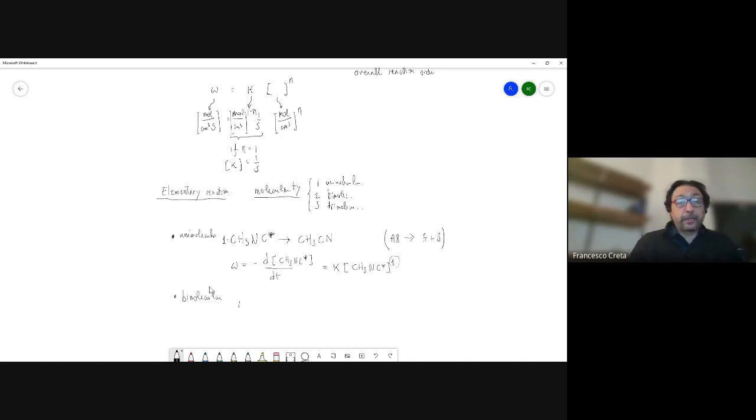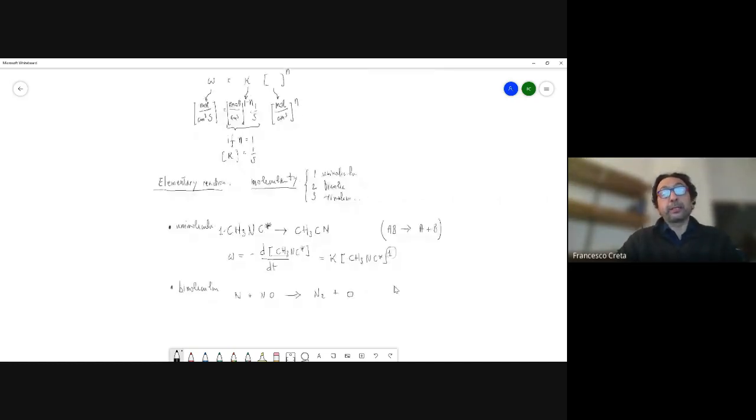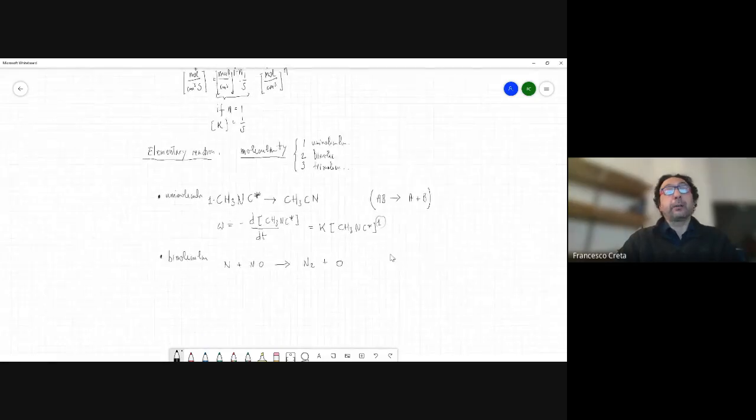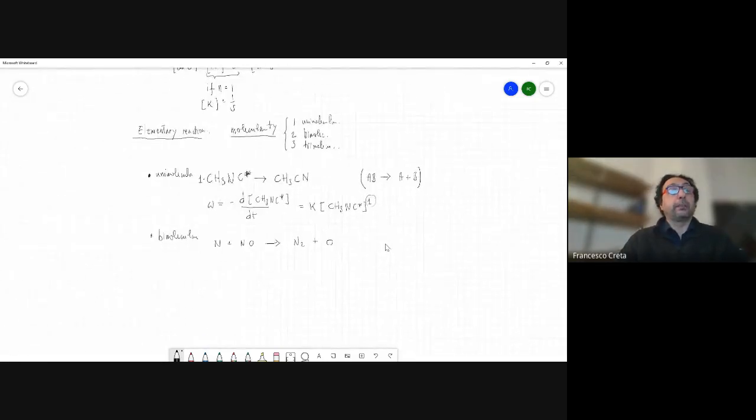So, for example, this reaction here, atomic nitrogen and nitrogen oxide giving N2 plus O. This is an actual elementary reaction, so it's a collision between an atom of nitrogen and a molecule of nitrogen oxide, and it's elementary.